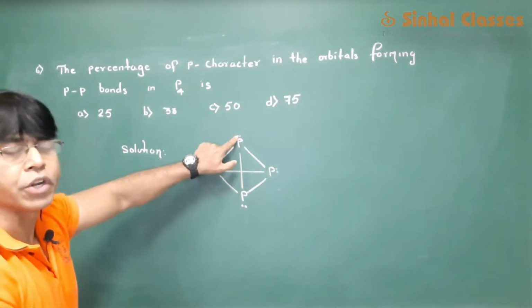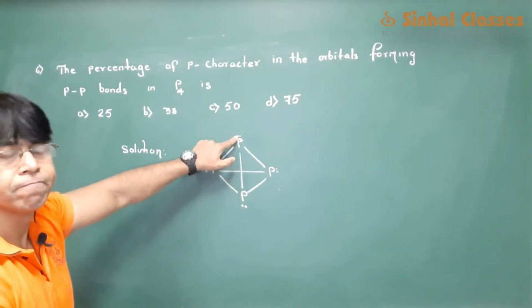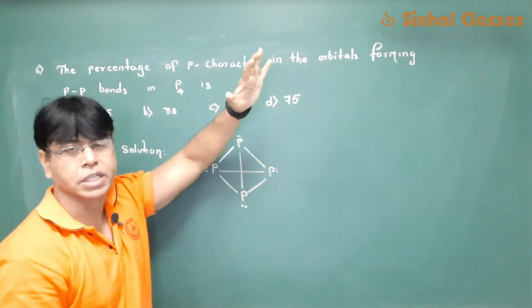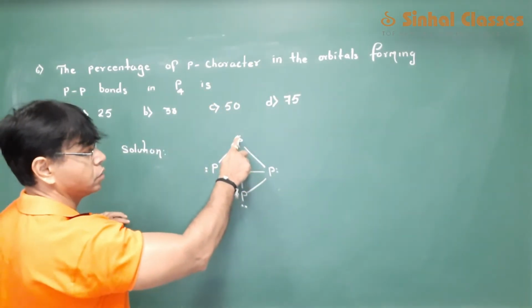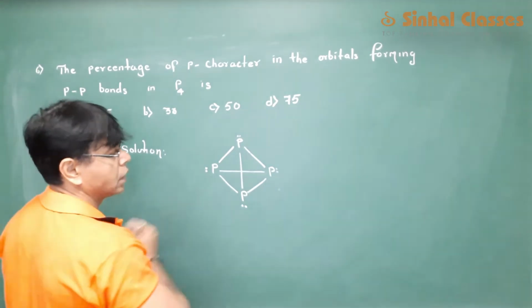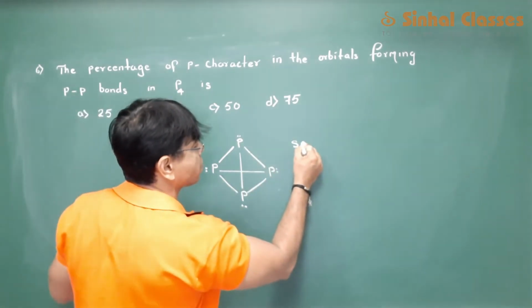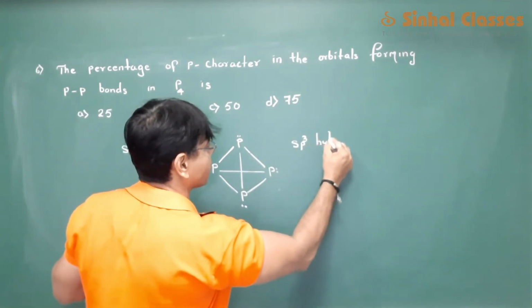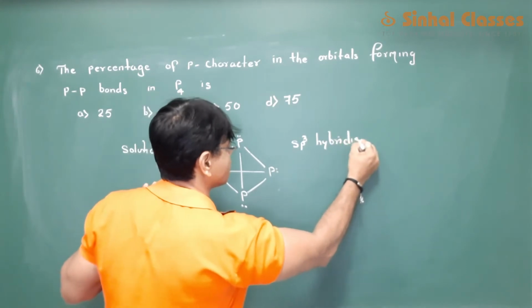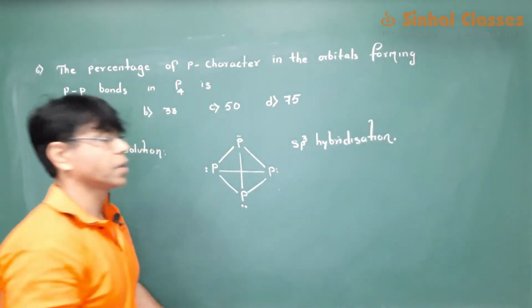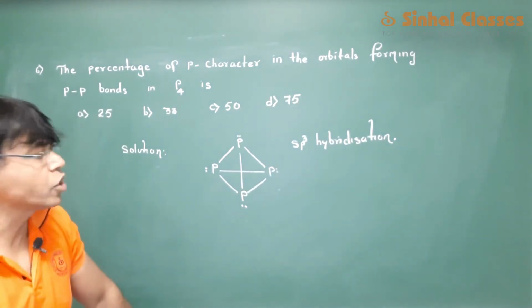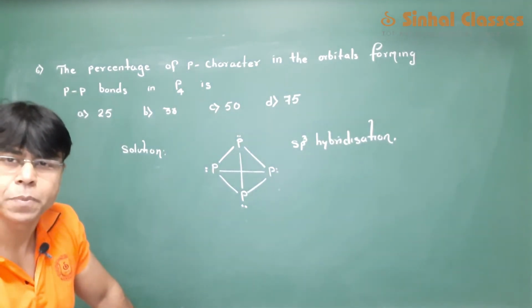Phosphorus, atomic number 15, has 5 electrons in its outermost shell, 3 are involved, and one lone pair you observe. They undergo sp3 hybridization.